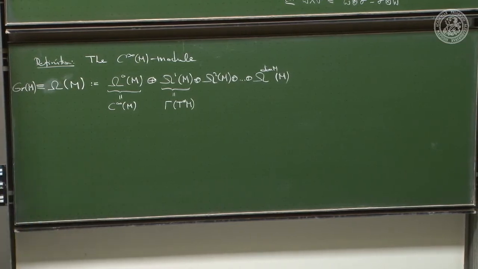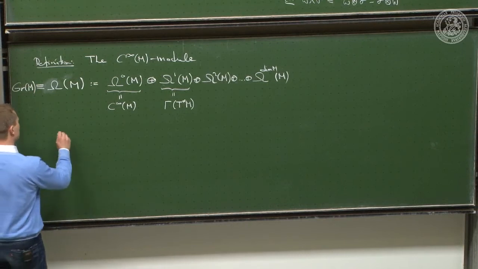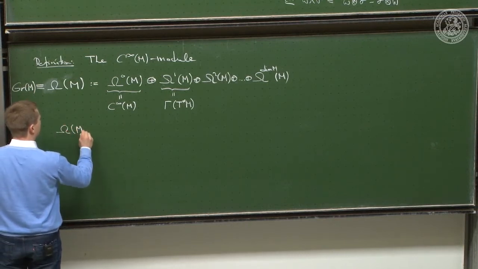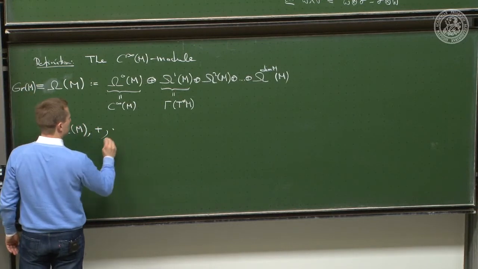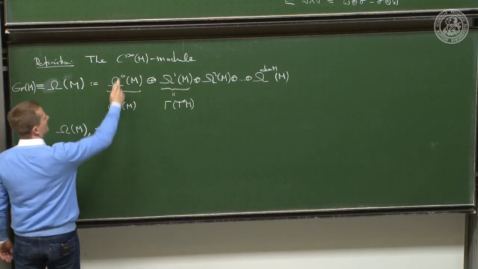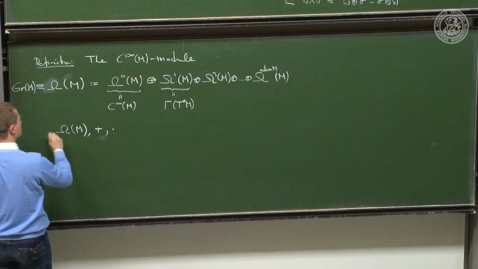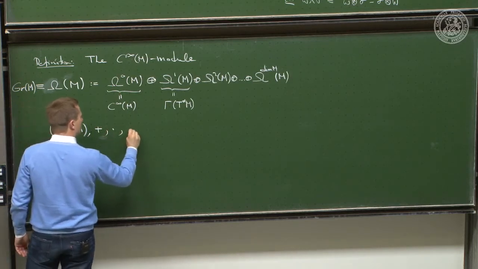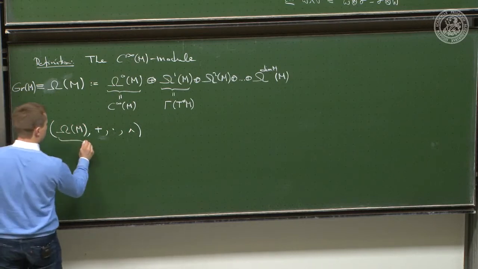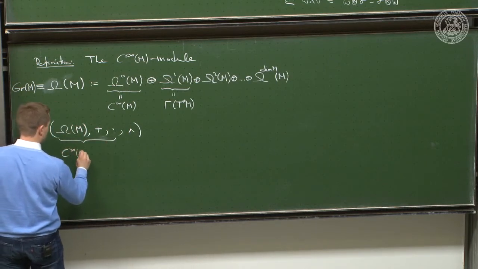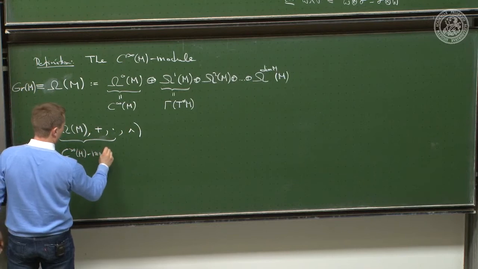Yeah, so this module, but now I already said I call it the Grassmann algebra. Well, what does that mean? I have a module, that means I have a module addition, and I have a module scalar multiplication, namely with C infinity elements. But in fact, I can also add a bilinear map. So this is a C infinity M module.